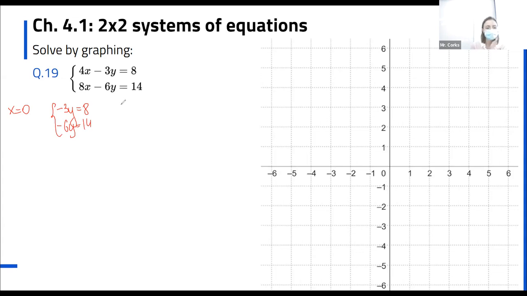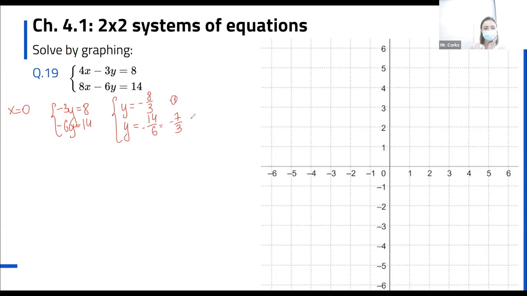So y equals minus 8 over 3, and y equals minus 14 over 6, which is minus 7 over 3.